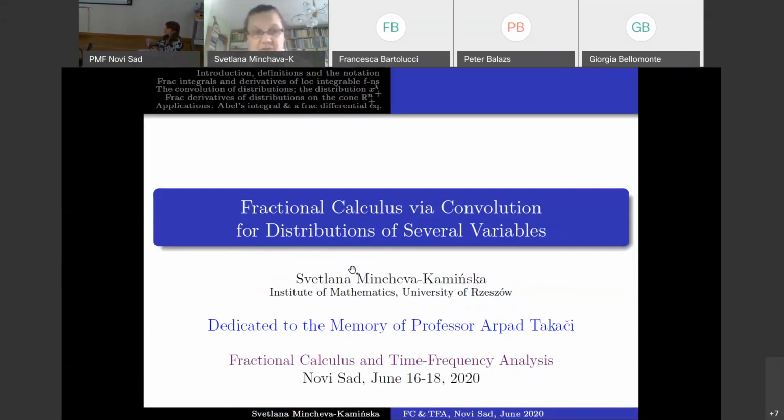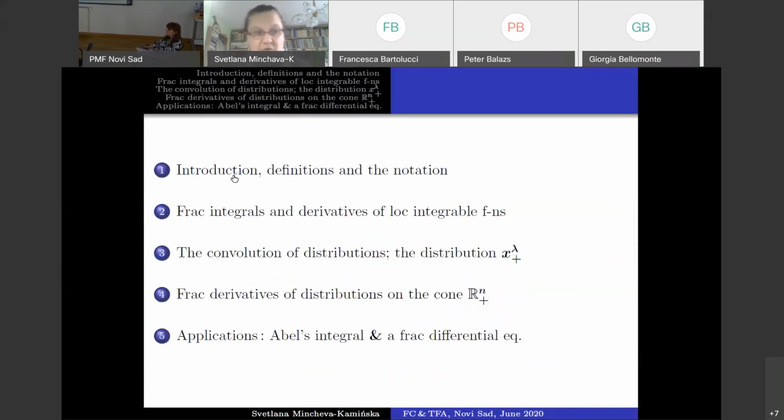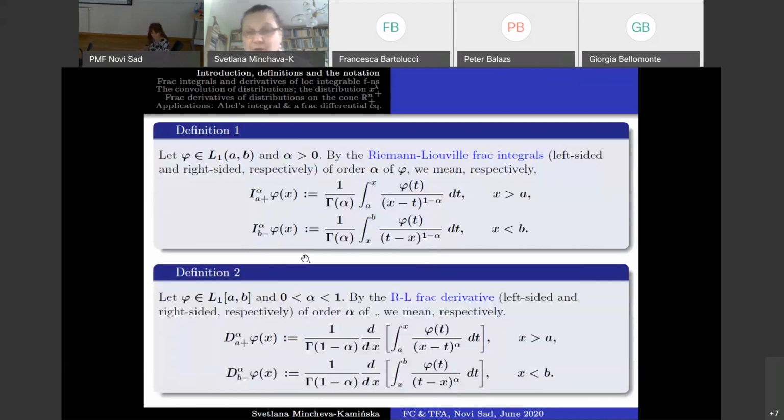My speech is on the border of the theory of fractional derivatives and the convolutions, and I'll only check the first 2 points of this presentation, because the definition of fractional derivatives of functions is very well known for some participants, and also the definition of distributions and the convolution of distributions is very well known for the other participants of our conference.